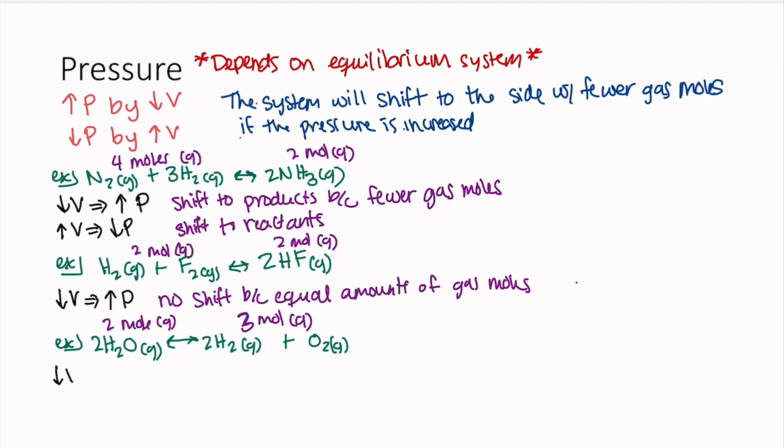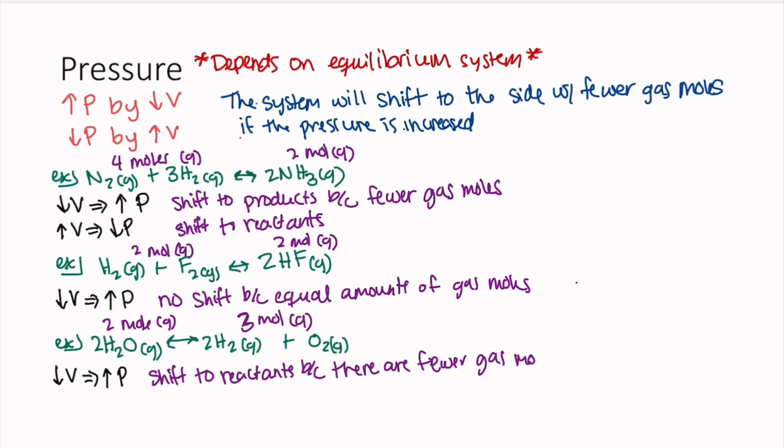So if I decrease my volume, I am increasing my pressure, and we will see a shift to the reactants now because there are fewer gas moles.